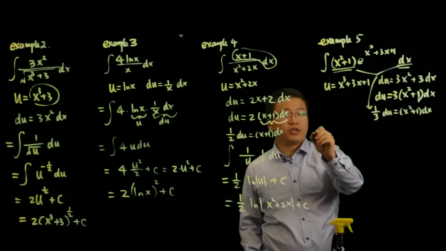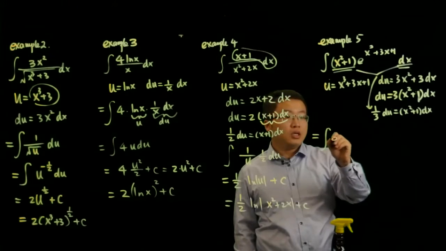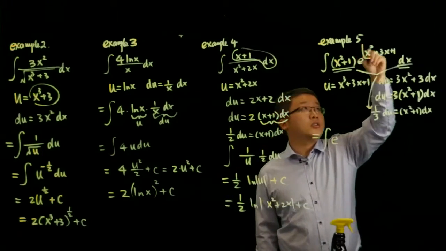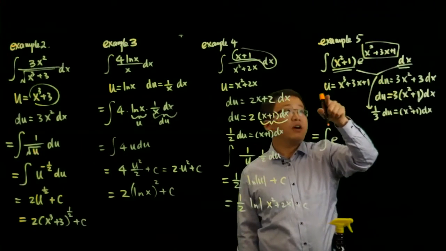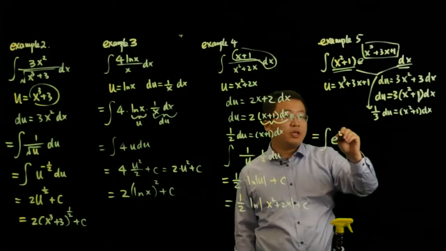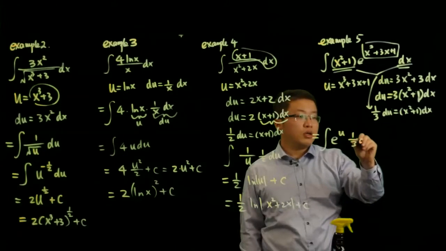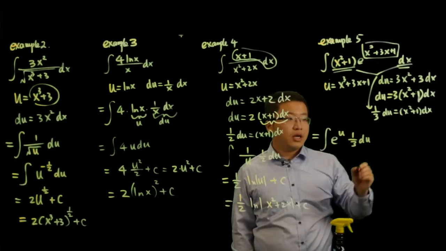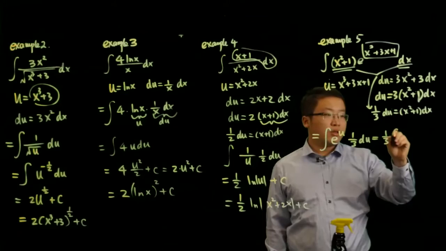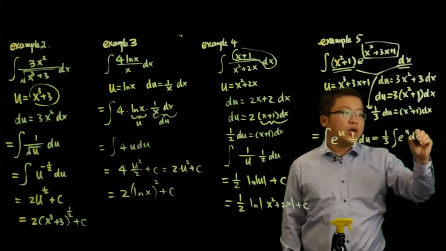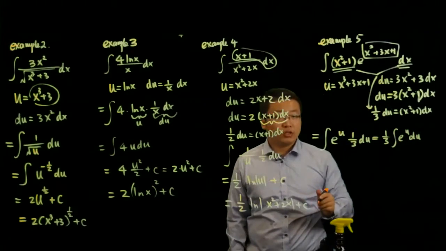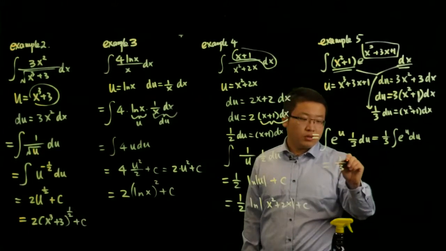So my original question becomes e to the power of this, all together defined as u here. Therefore, e to the power of u, and this 2 portion becomes 1/3 of du. If you pull out this 1/3, it is e to the u du, and we know the integral of e to the u is just e to the u.